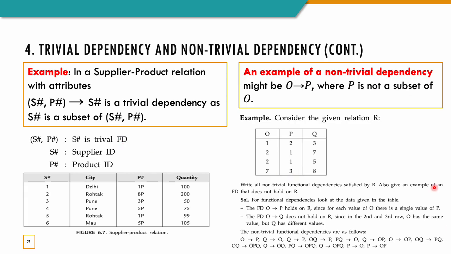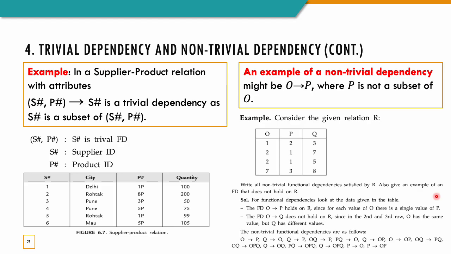Okay, and then let's talk about the other dependency, which is called non-trivial dependency. A non-trivial dependency occurs when an attribute or set of attributes is dependent on another set that does not include it as a subset. This kind of dependency is meaningful because it reflects a true relationship between attributes that are not trivially related.